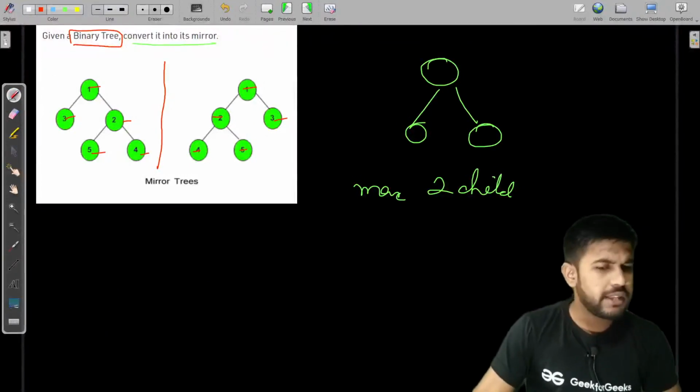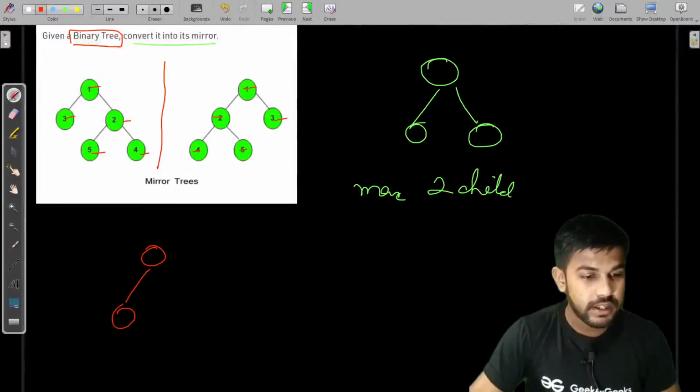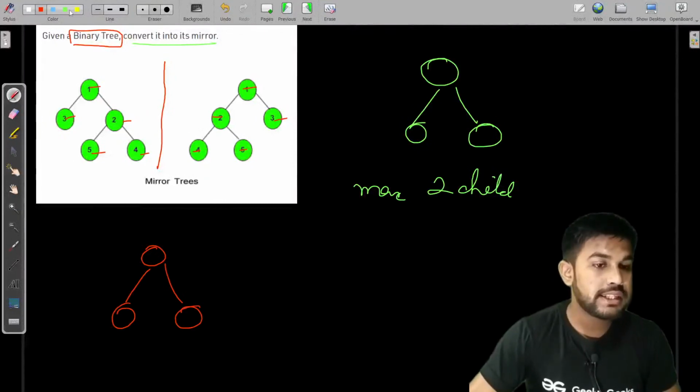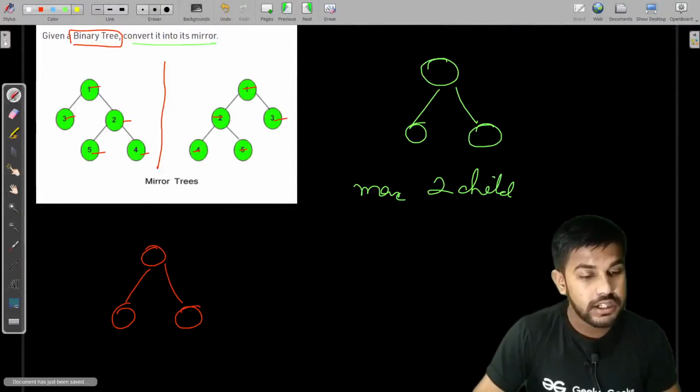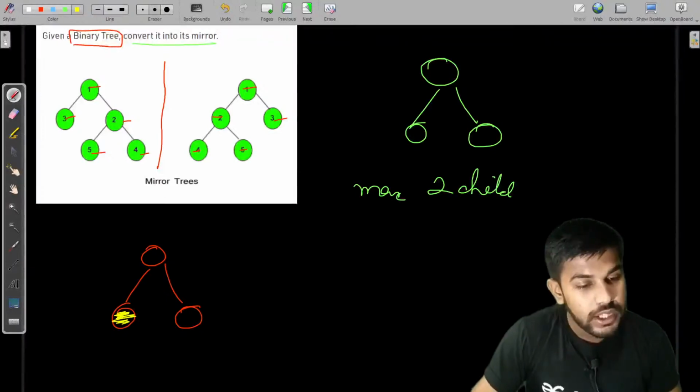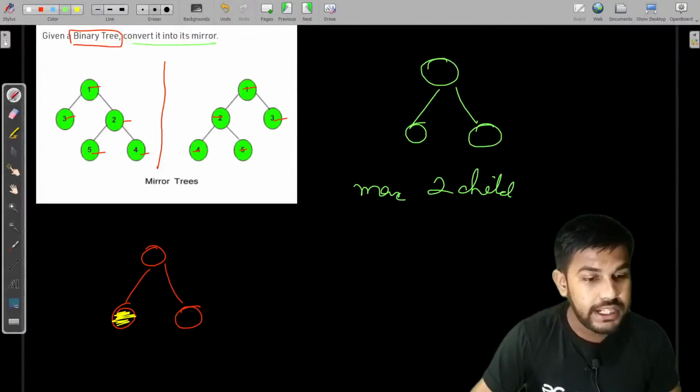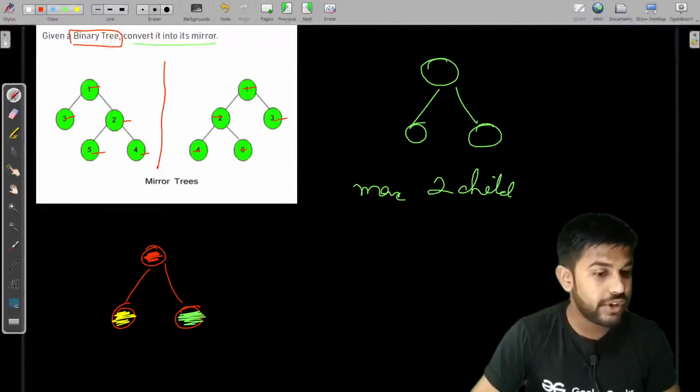Now before finding the mirror tree, before looking at this example, let us first look at this example. In this example, I would color the left child with yellow and the right child with green, and the root would remain colored red.